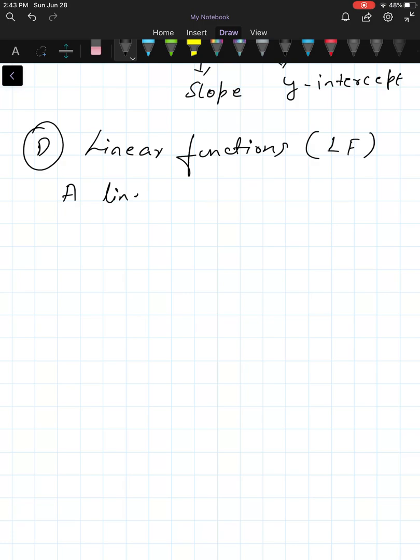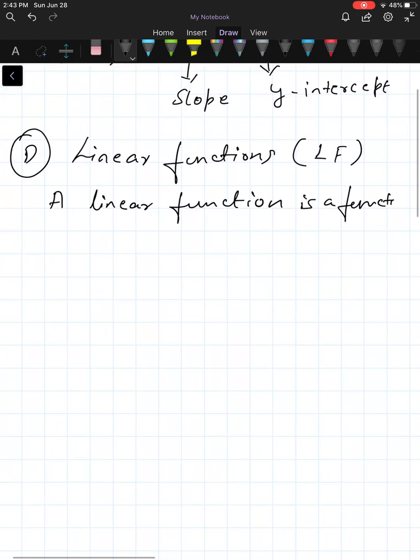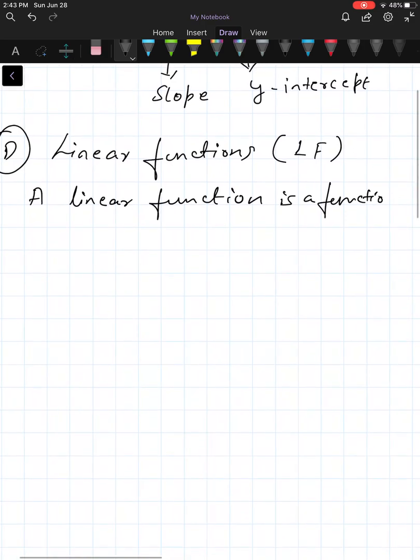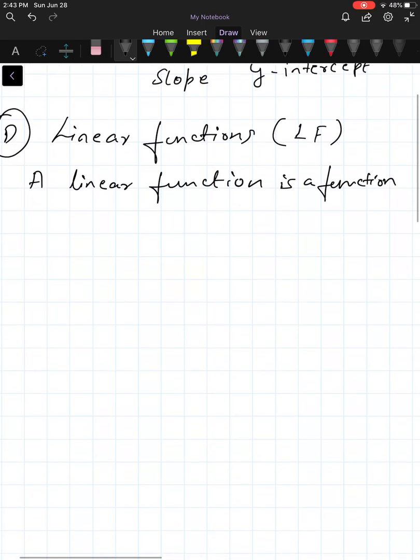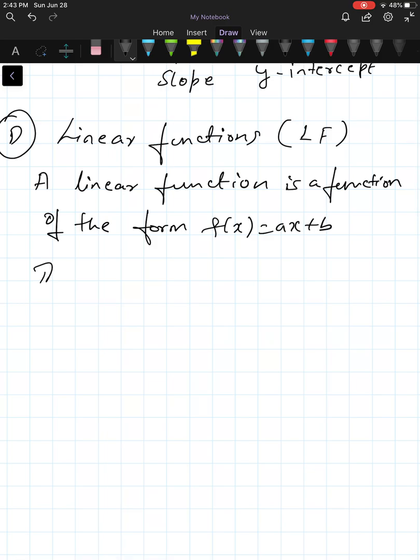So a linear function is a function of the form f of x is equal to ax plus b, and graphically the graph of an LF is a line.